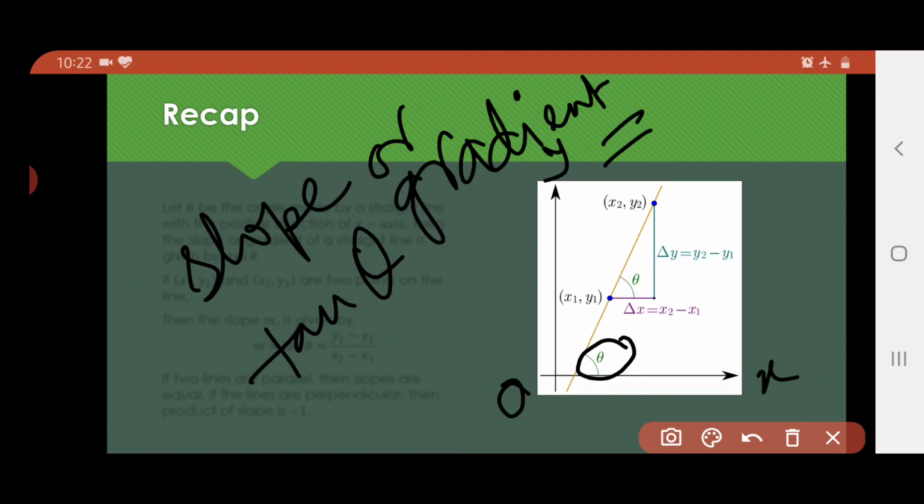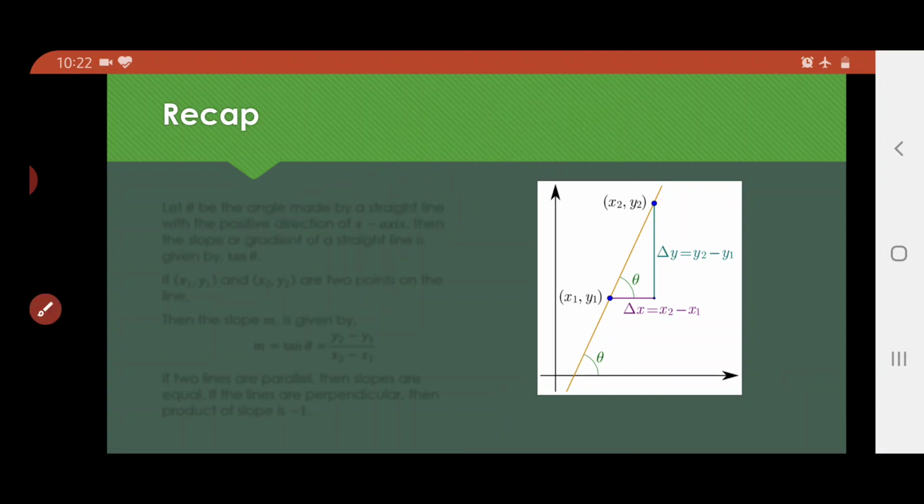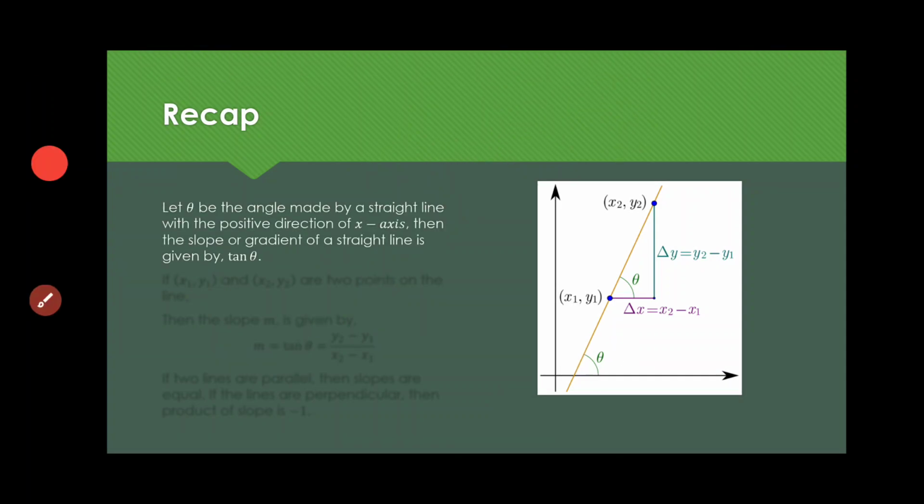So it just gives you how steep or gentle the straight line is. Then, how to find the slope if we know 2 points on the line. Let x1, y1 be one of the points and x2, y2 be the other point.